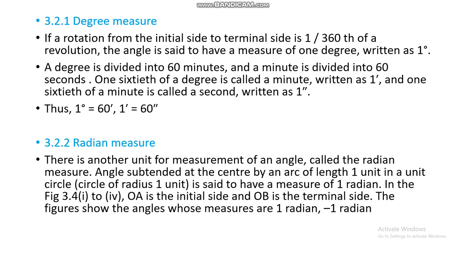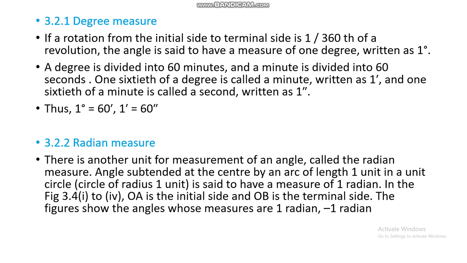Further, 1 degree is divided into 60 minutes, and 1 minute is divided into 60 seconds. So we can write 1 degree equals 60 minutes, 1 minute equals 60 seconds. So this is the degree measure.